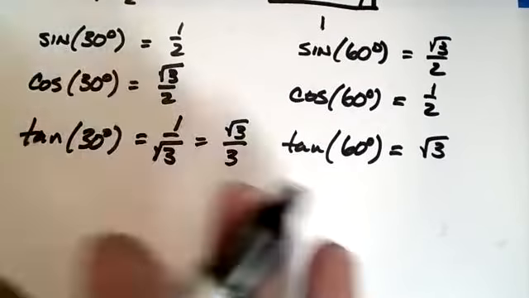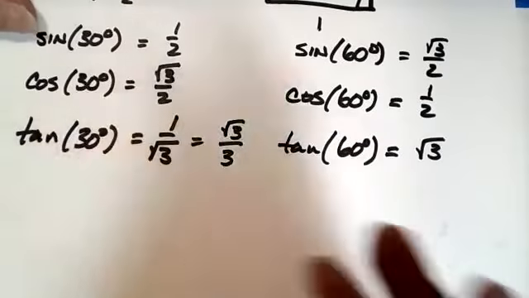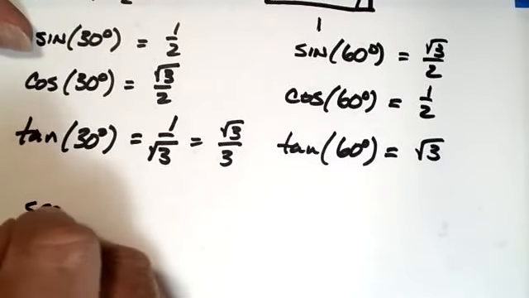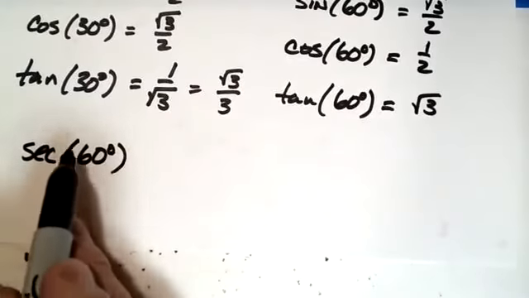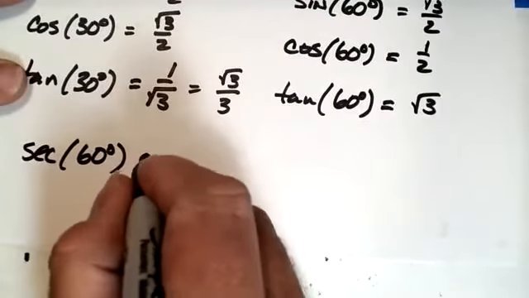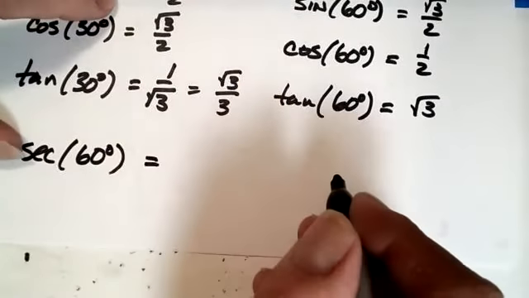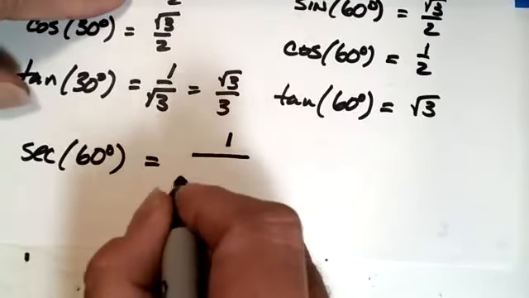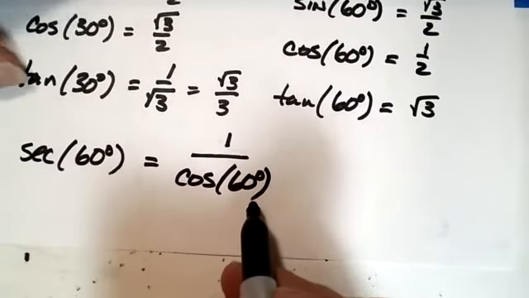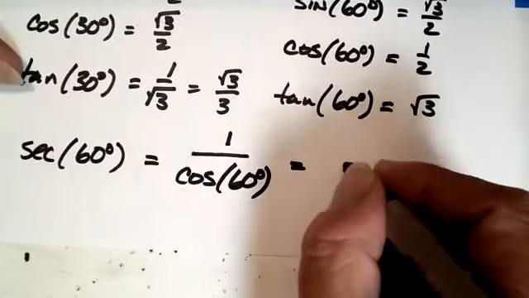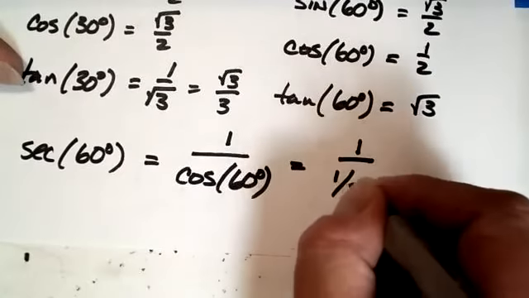So, but just to make sure, let's just try one. How about what's the secant of 60 degrees without looking at a triangle? Well, okay, so the secant of 60 degrees we know is by the reciprocal identity is equal to 1 over the cosine of 60 degrees. Now the cosine of 60 degrees is 1/2. So 1 over 1/2.